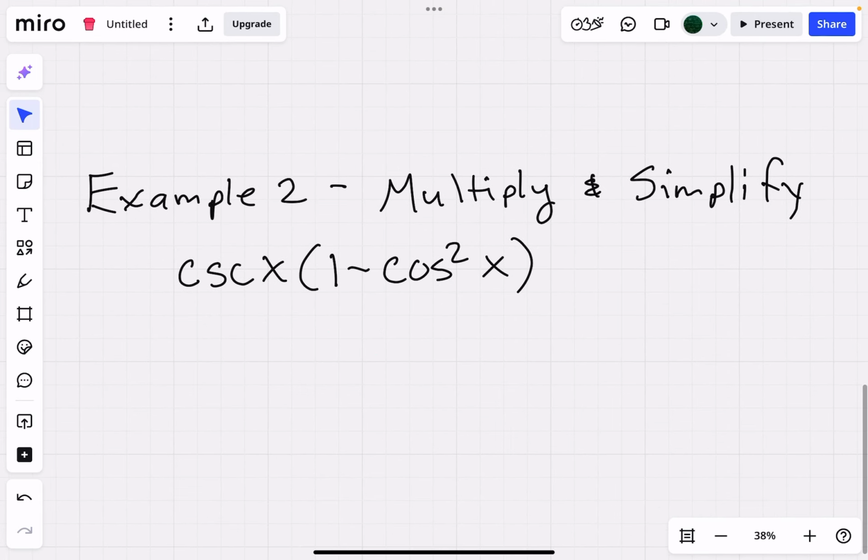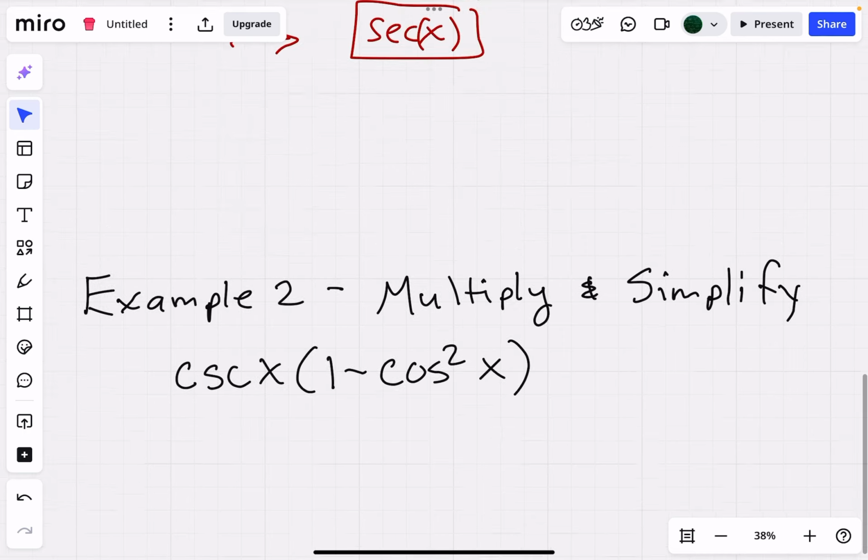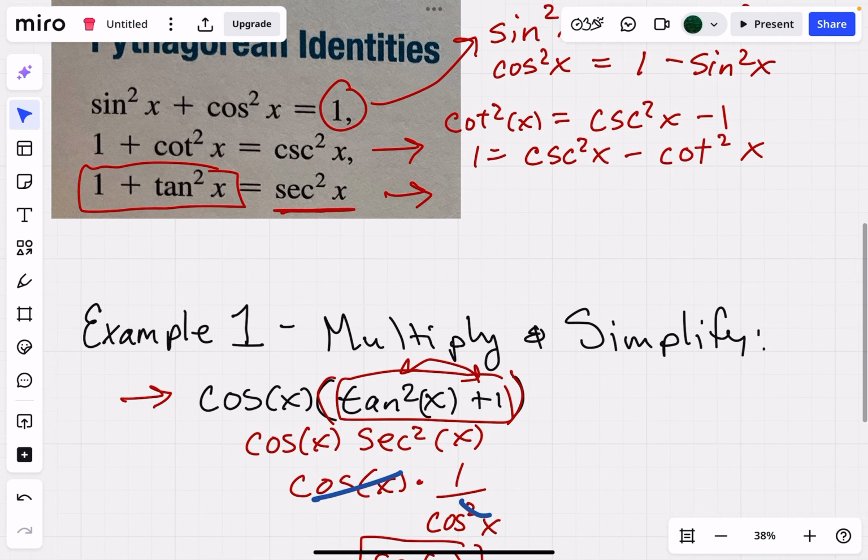Okay, example number 2, we have the cosecant x times the quantity of 1 minus cosine squared x, all squared of x, right? So let's do it again. We know that the cosine has a reciprocal, right? But in the last one, we saw that we didn't have to mess around with substituting just one.